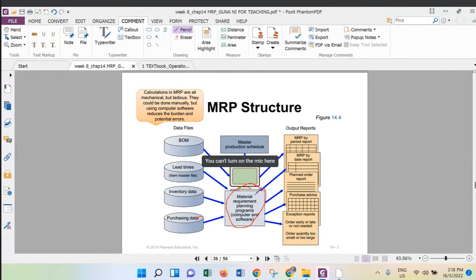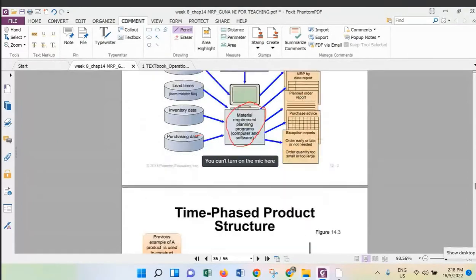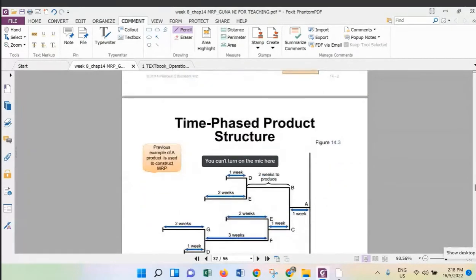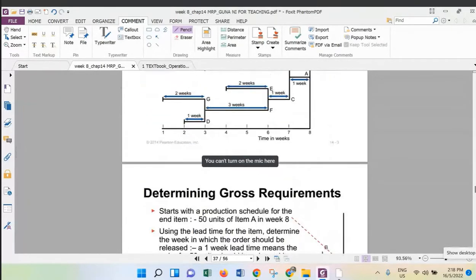From the MRP file, you will be able to get the periodic report, a date report, and plan order report and so on. That's why MRP is important in a company.